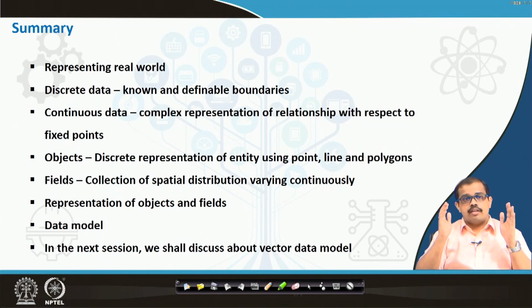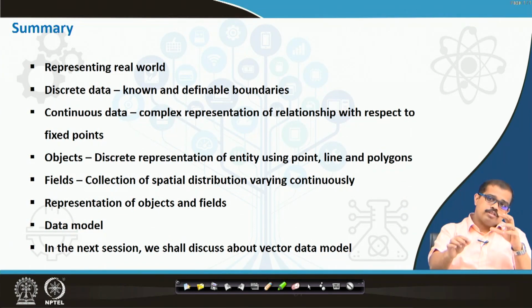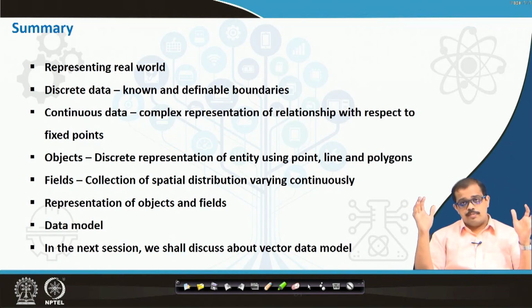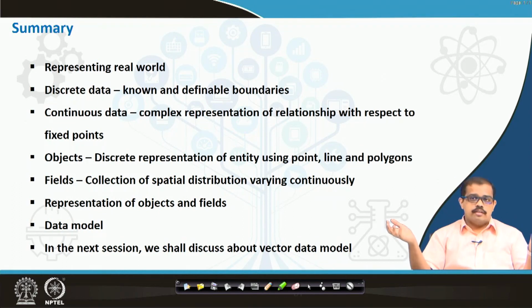So, when we look at objects and fields, objects are discrete representations of an entity using a point, line and polygon, whereas fields are a collection of spatial distribution varying continuously. So, you have a huge amount of spatial distribution values. These values are connected to geographic coordinates, and they vary across space, and have been captured by various measures into the data set. So, that is what is called a field.